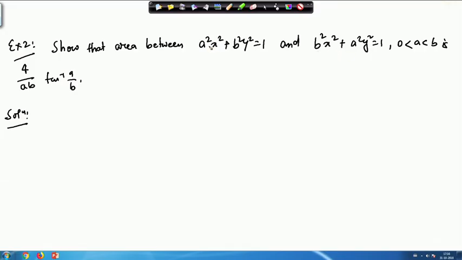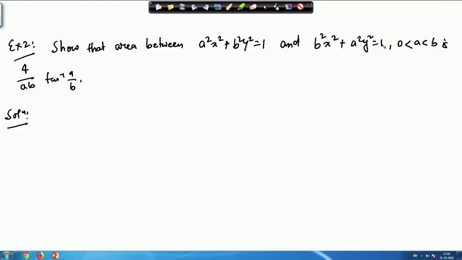We can see clearly that if we divide both sides by a square b square, then this will be x square by b square plus y square by a square equals 1 by a square b square. And similarly, this will be x square by a square plus y square by b square equals 1 by a square b square.